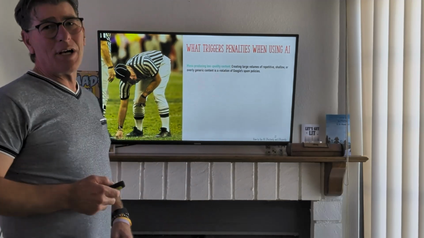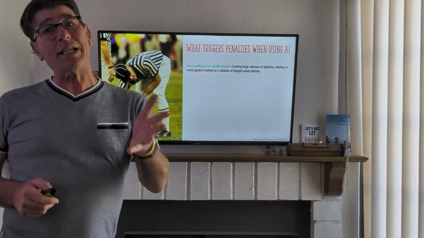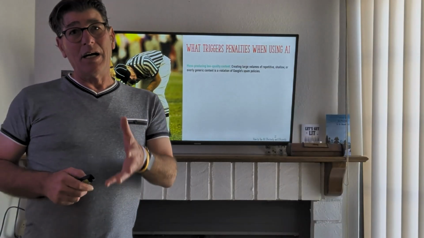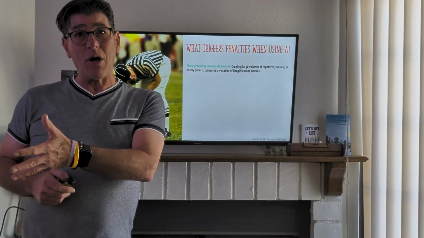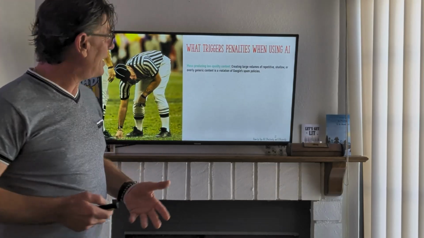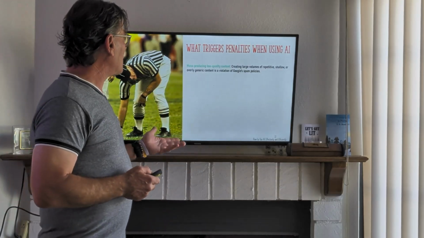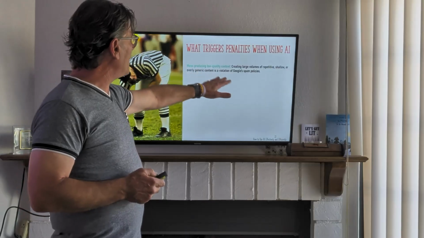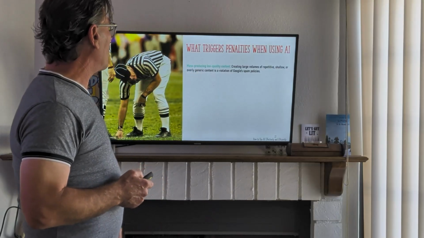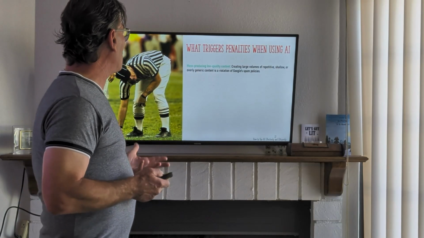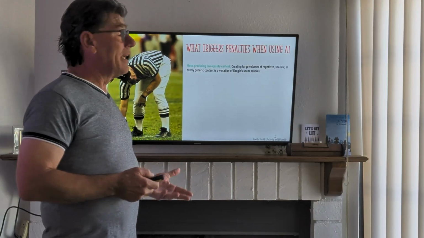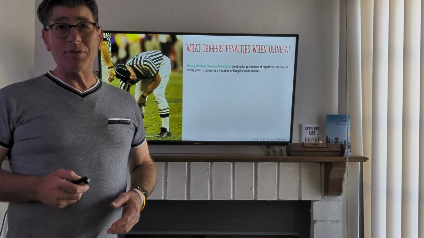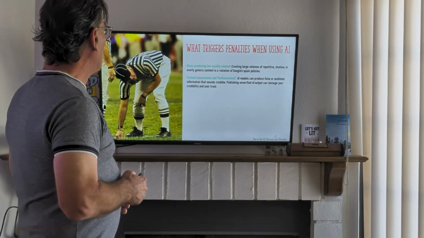Well, that wasn't their job. What they wanted to do is show that they can get people to click on what their blog was introducing, whatever it was. So unfortunately, a lot of people will create large volumes of repetitive, shallow, or overly generic content. And Google's going to slam you for it because that's spam.